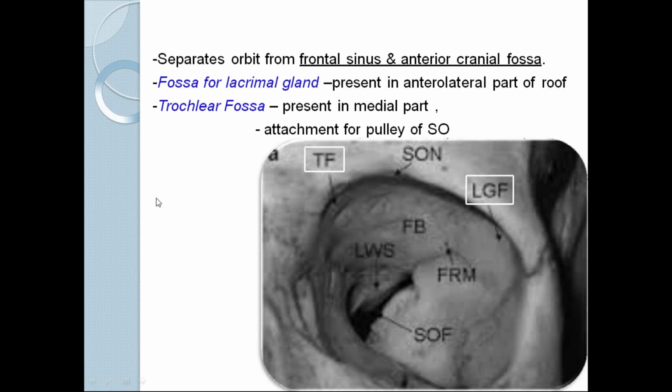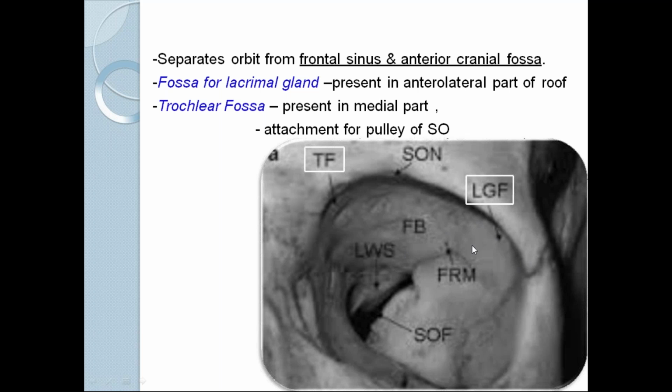Now, what does this superior orbital wall contain? It contains a fossa called the lacrimal gland fossa. Where exactly is the lacrimal gland situated? It is situated in the superolateral part of the orbit, in the fossa called the lacrimal gland fossa.